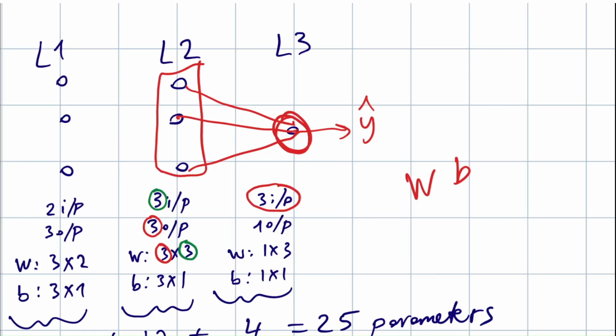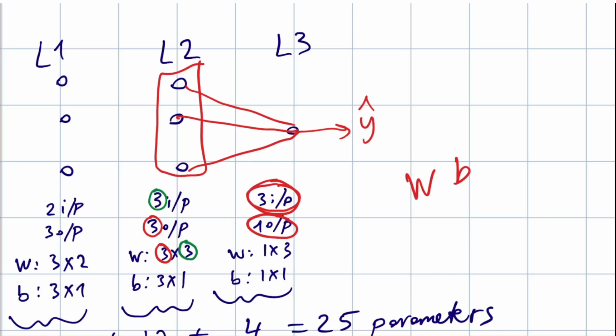We have 3 inputs and 1 output here. This is the output of the whole structure, and it is a scalar. Again 3 inputs, 1, 2, 3, and 1 output.